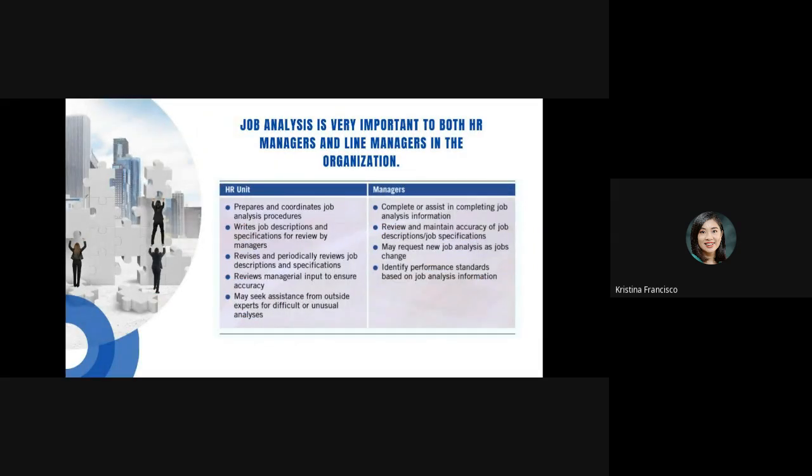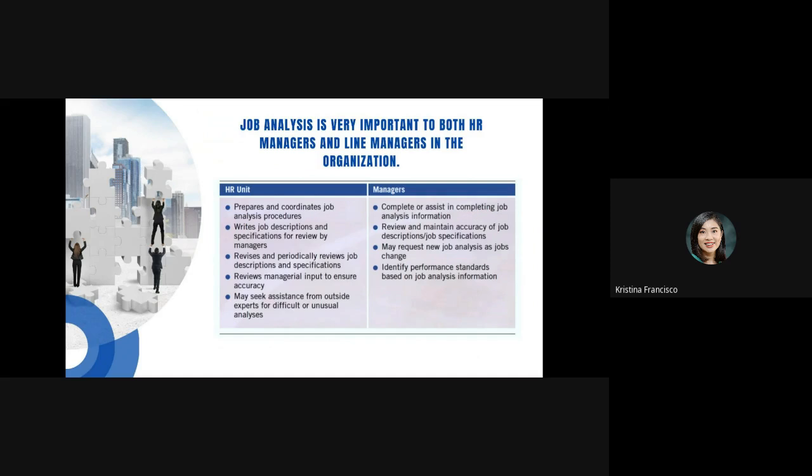So let's proceed now with job analysis. Now, the importance of job analysis to line managers. Job analysis is clearly important to the HR department's various activities, but why it is important to line managers may not be as clear, though there are many reasons.